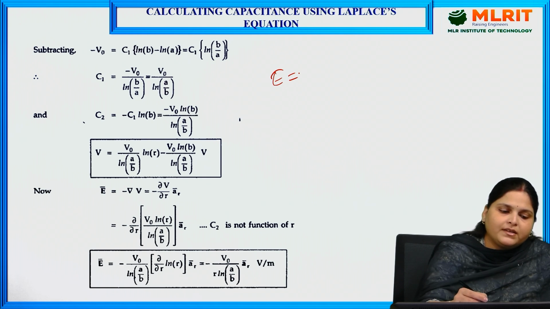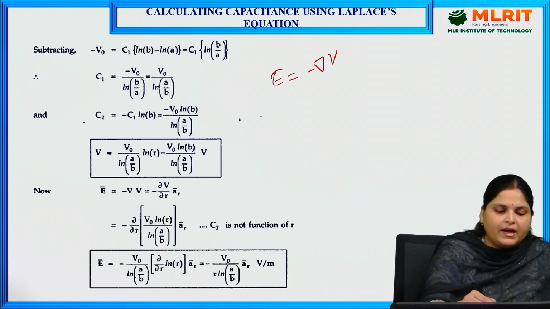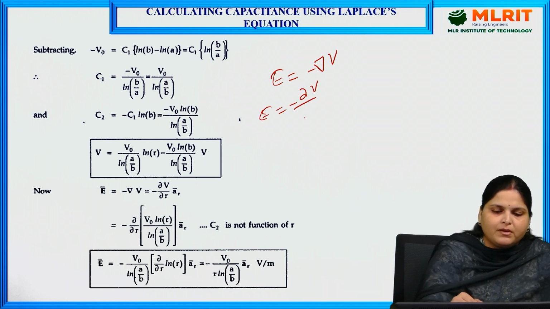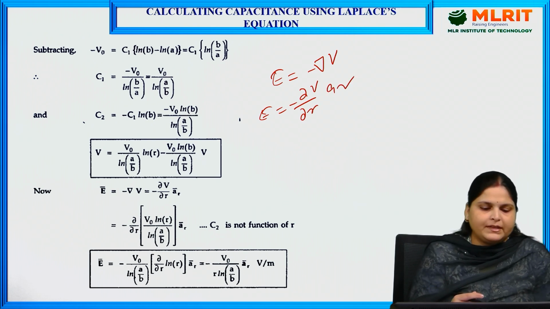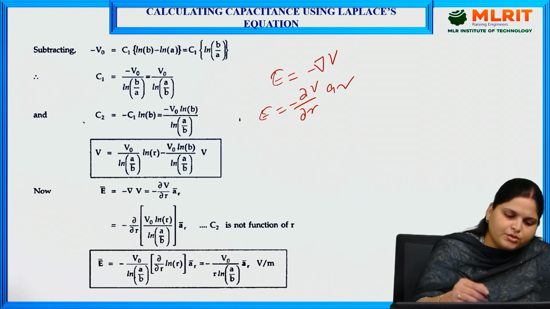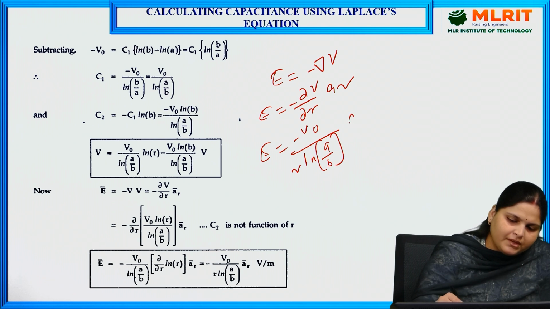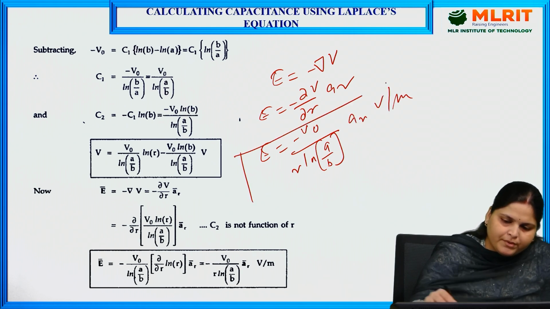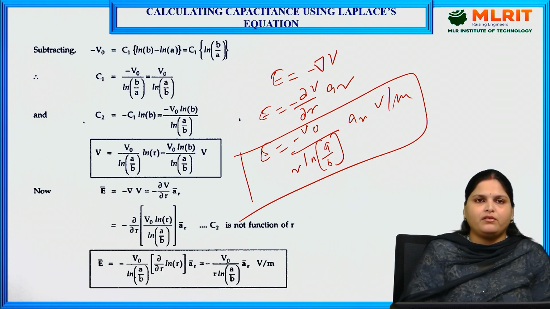First we calculate V, then we calculate E. E is the negative gradient of V, which becomes minus ∂V/∂R aR, because it is only a function of R, so we get a radially outward field. The phi and z components, as I said, will be 0. So when we solve it further, we get E = minus V0 upon R ln(A/B) aR volt per meter, right? So this is the equation of field.